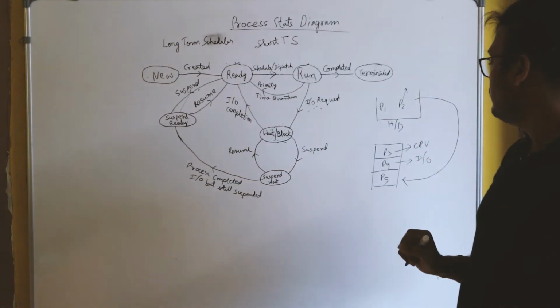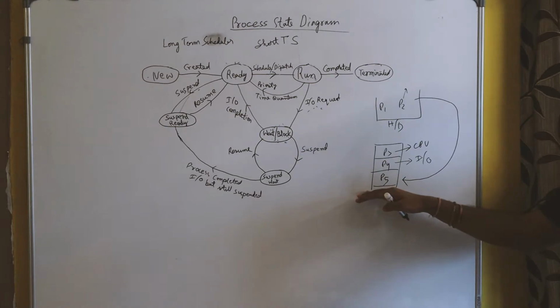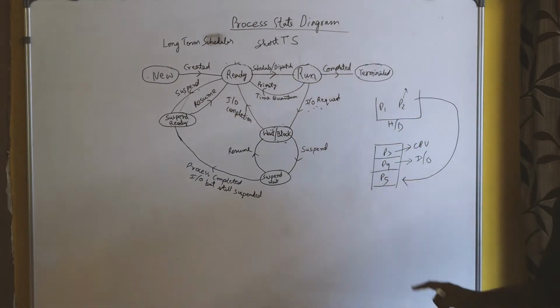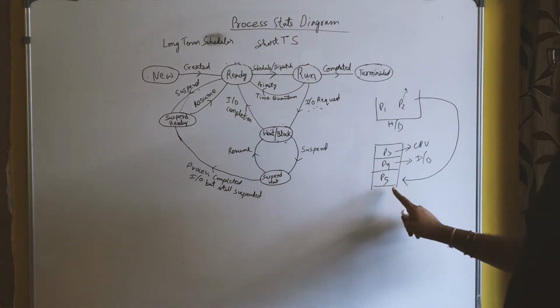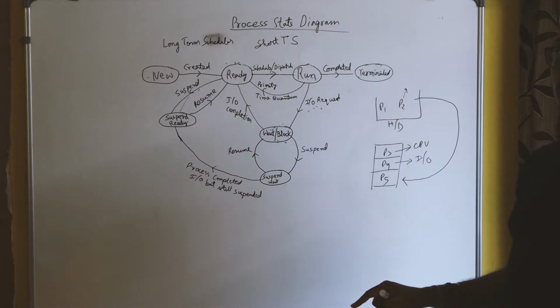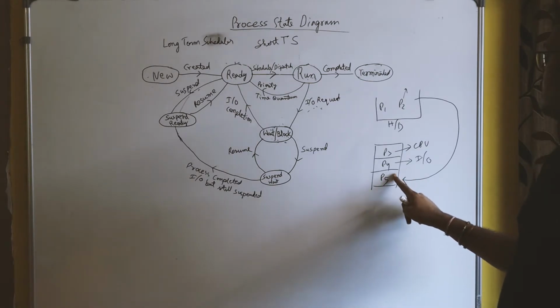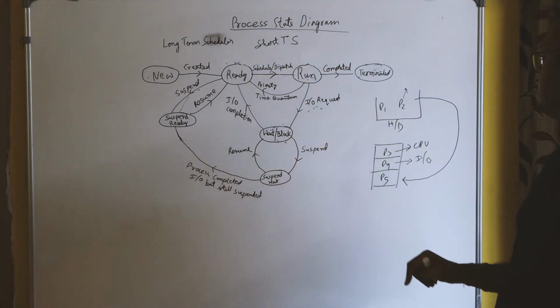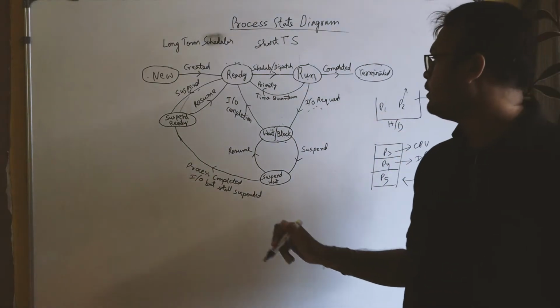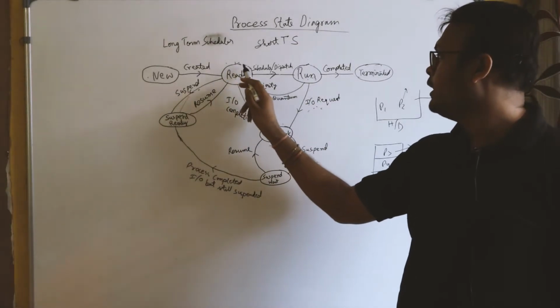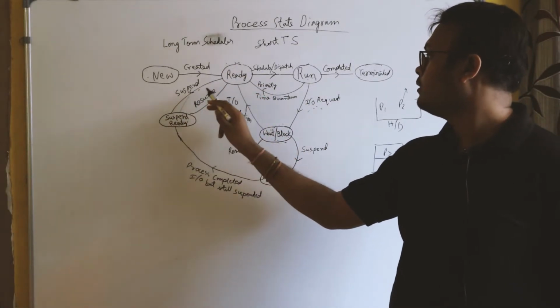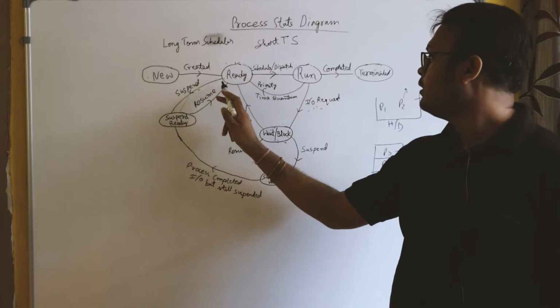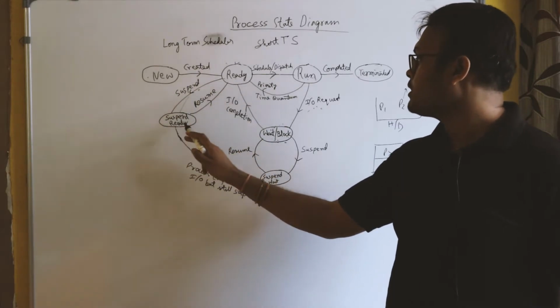Suppose the RAM is already full, there is no space left. So one process from the RAM has to vacate. It means one process in the RAM has to be suspended and moved back to the hard disk. So one process in a ready state will be suspended and its state will become suspend ready.